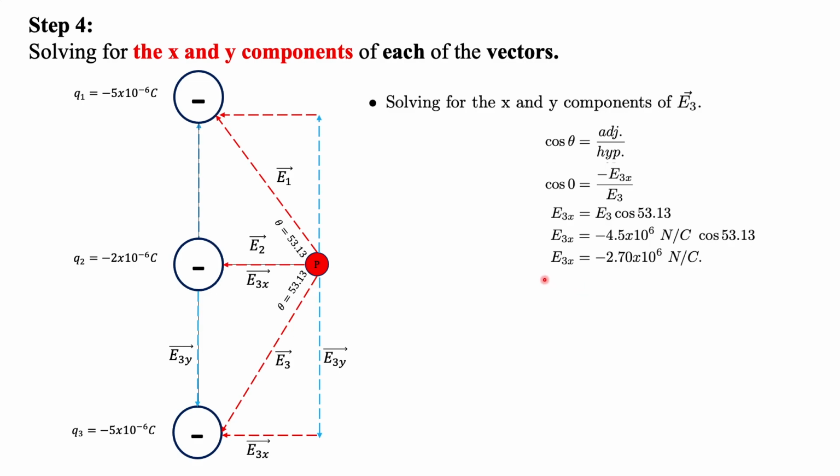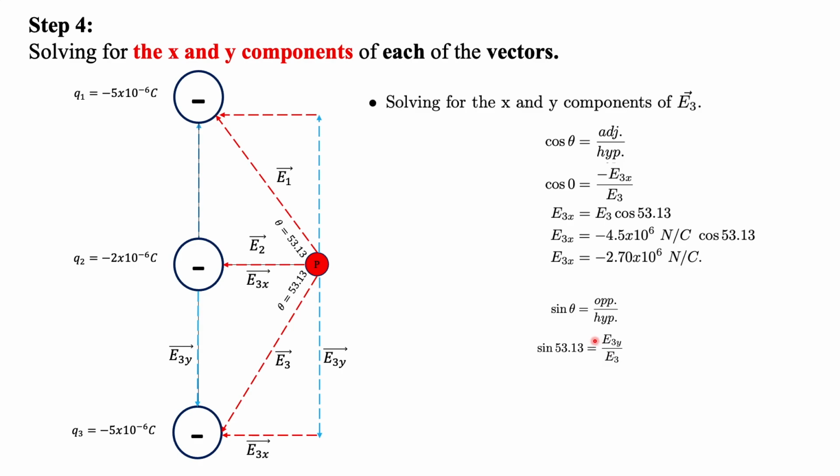Now let's proceed to the y component, that is the blue part here. When this is your angle, obviously E3y is opposite to the angle. So the opposite side, as I've said, is E3y, and the hypotenuse is E3. Now notice that there's a mistype here.